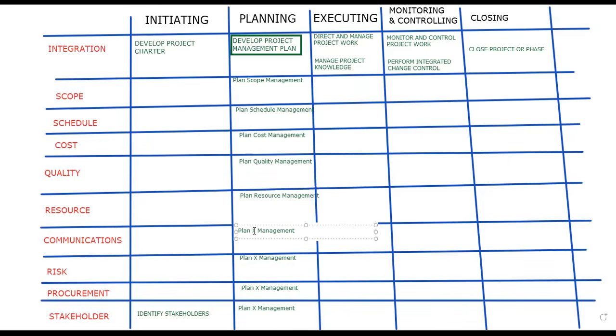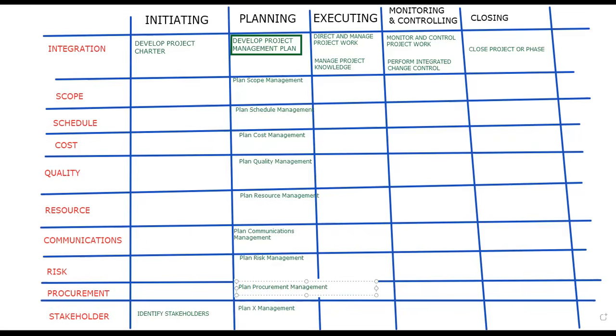We take communications, plan communications management. We take risk, plan risk management. Take procurement, plan procurement management.